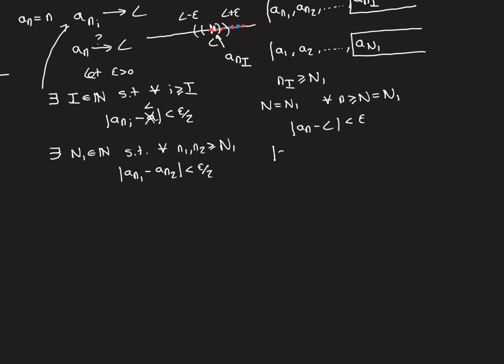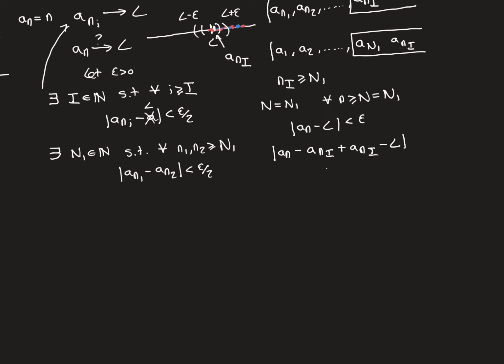I can write this as a_n minus, and then the thing that I'm going to subtract and then add back on is my famous term a_{n_i}, which is somewhere down here, like so. So I'm going to subtract that off, add it back on again, and then we'll have our minus L there. So nothing dodgy's happened there.